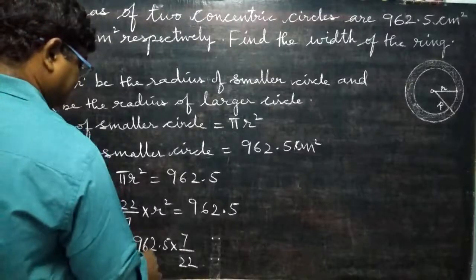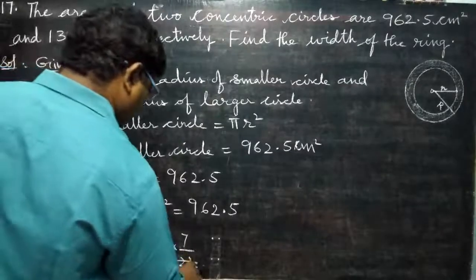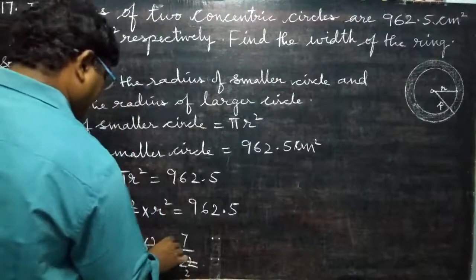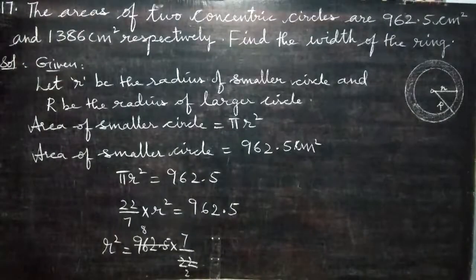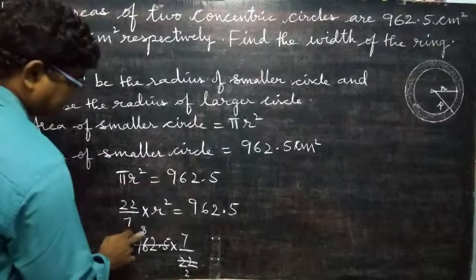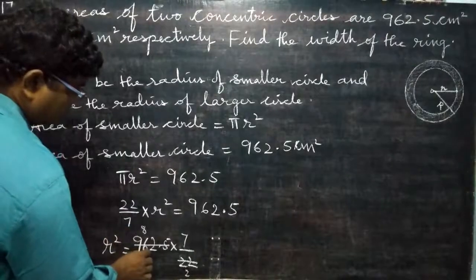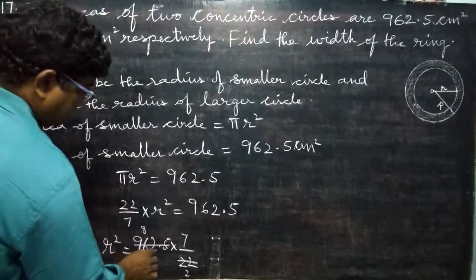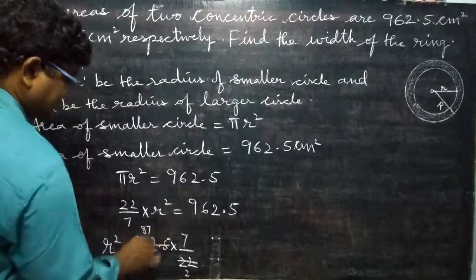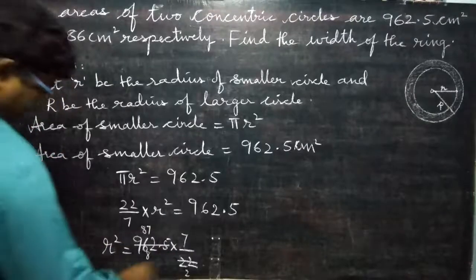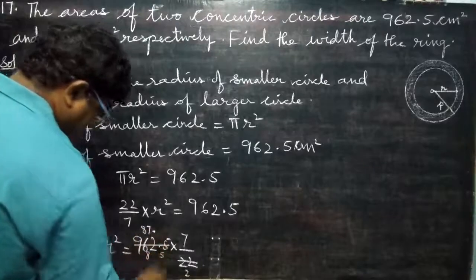11 table, 11 goes here 2 times. 11 8s are 88. Now 8 remaining. 11 7s are 77. Decimal is there, 5 remaining.